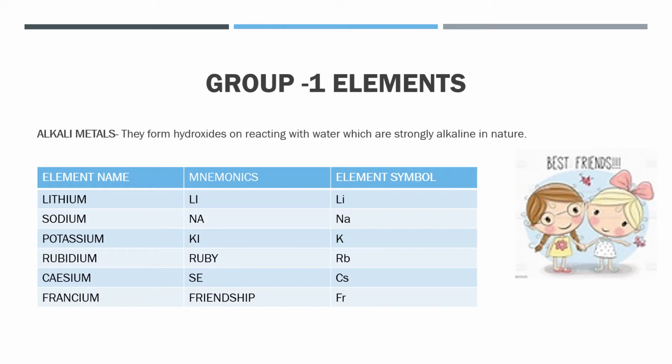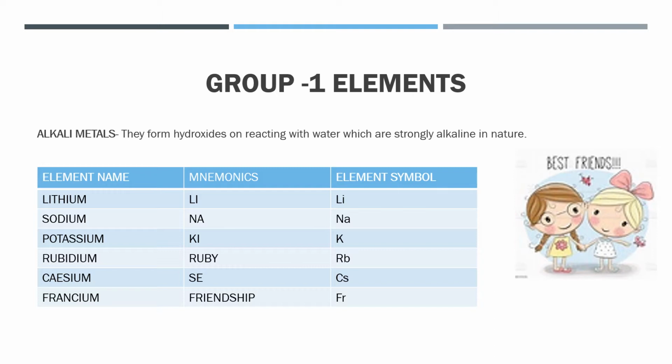In this group 1, hydrogen is the first element as we see in the periodic table. But we don't include hydrogen because it resembles the group 1 elements as well as the halogens. We don't know the right position for hydrogen, so we won't include it. So group 1 starts from lithium.